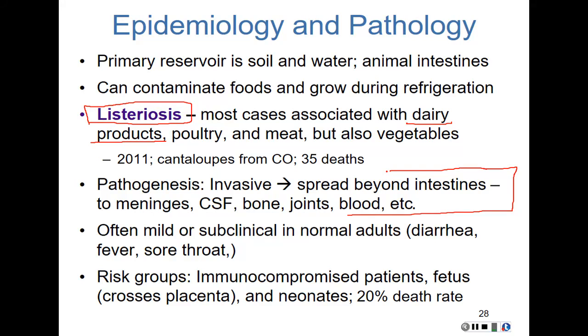It can spread to the meninges, get into cerebrospinal fluid, different organs, blood infections. These are the things that are killing people, not the diarrhea, but those kinds of invasive issues. And the other thing, related to pregnancies, is that this organism can cross the placenta. So that is a very important aspect.